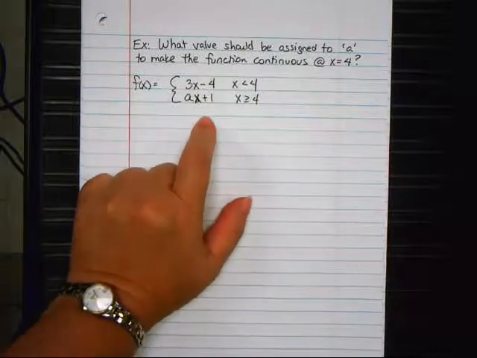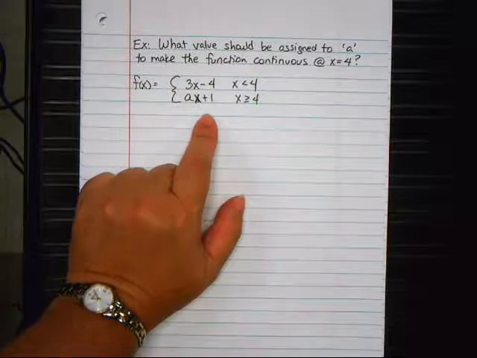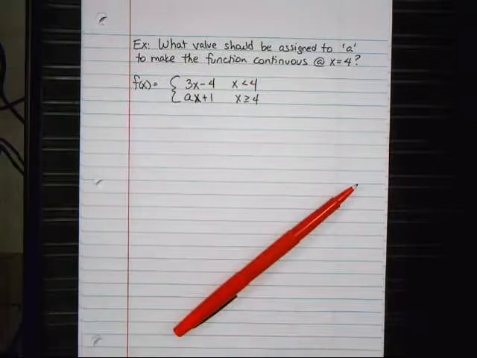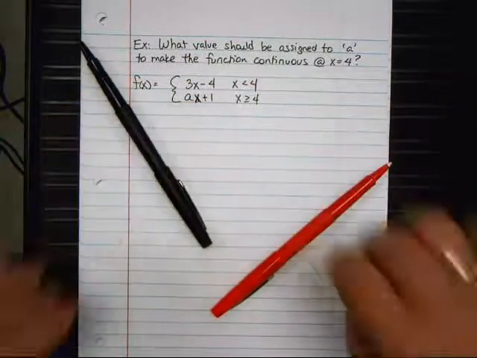All right. What kind of graphs are both of those going to be? They're both linear, aren't they? So I've got one line here, and I've got another line, say, right there, okay?